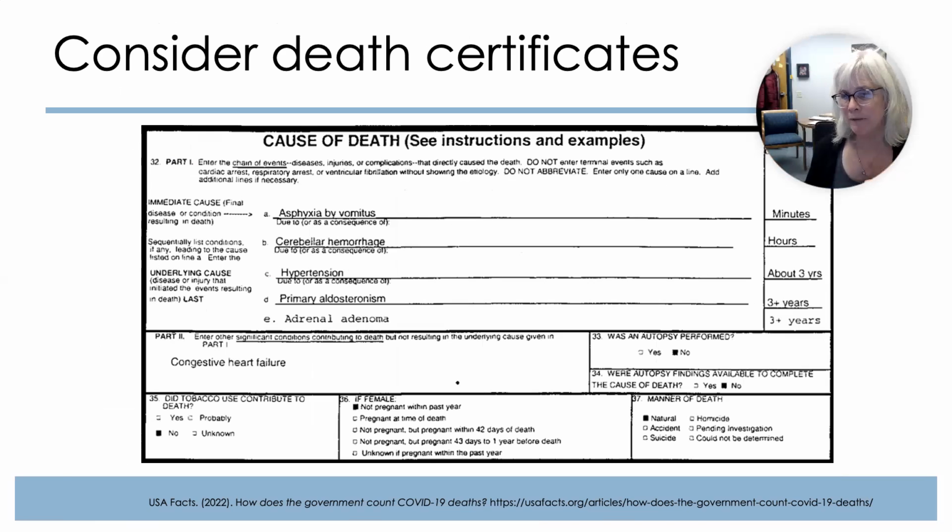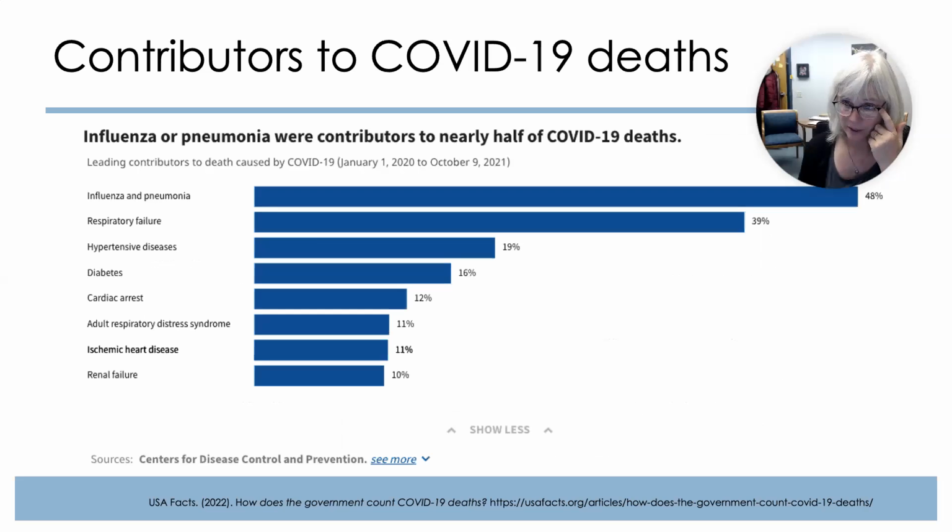Now, one of the difficulties with this is that death certificates are often either intentionally or unintentionally somewhat obscure. When someone dies of COVID, for example, it may not be the COVID that kills them, but one of a number of other kinds of factors.